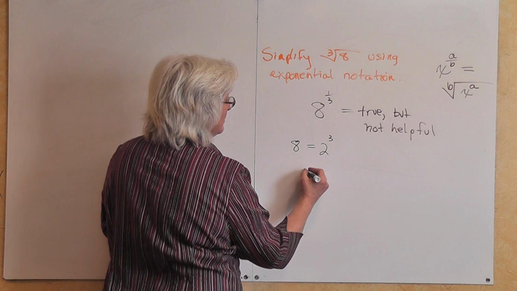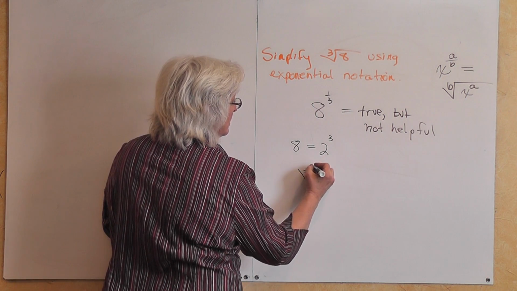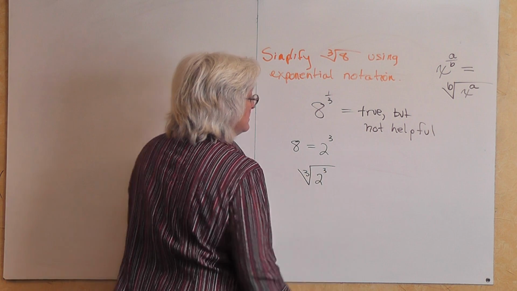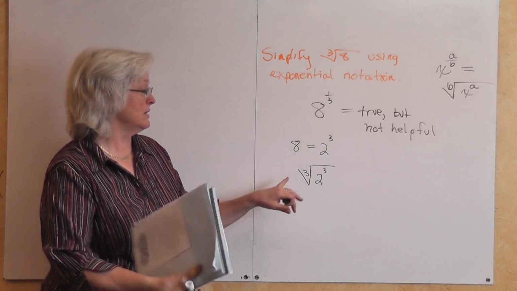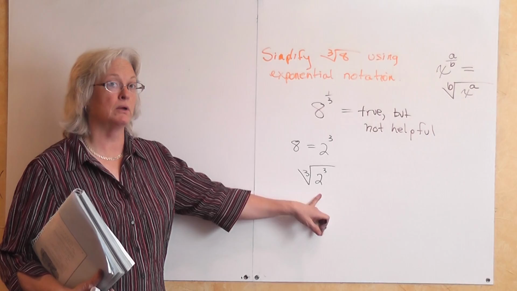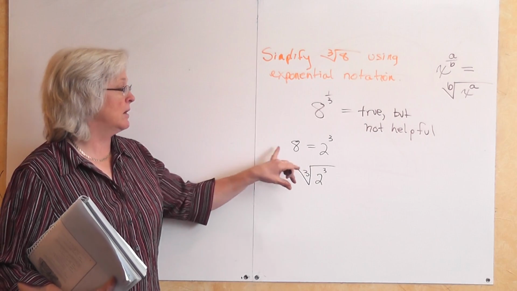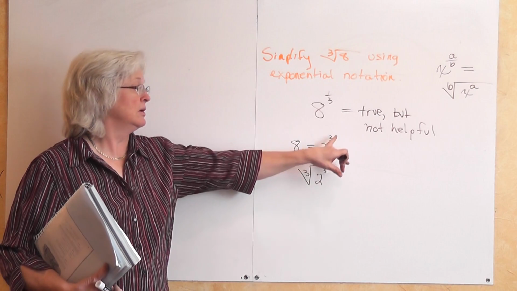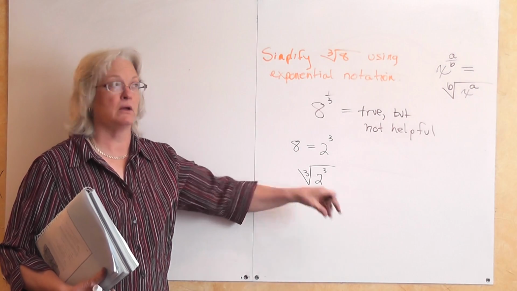So it would be true then that the cube root of 8 could be expressed as the cube root of 2 cubed. Stay with me here. All we did was substitute in an exponential expression, 2 cubed, for the 8.